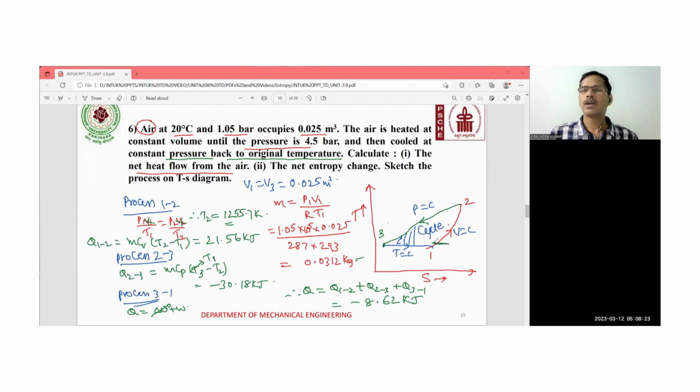So whatever basic fundamentals you have learned, what about the heat transfer and work transfer in this case? So heat transfer, work transfer and entropy change.